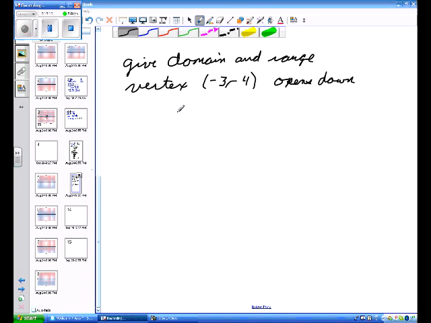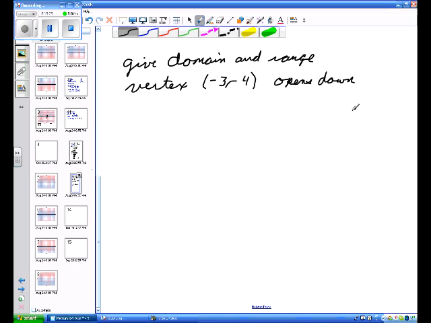Okay, let's say that we're asked to give the domain and range, and all that we know about our function is that the vertex is at -3, -4, and we know that our graph opens down. Well, if our graph opens down, it means this is a maximum. So our domain will be from negative infinity to positive infinity. We can use all real numbers for our x's.